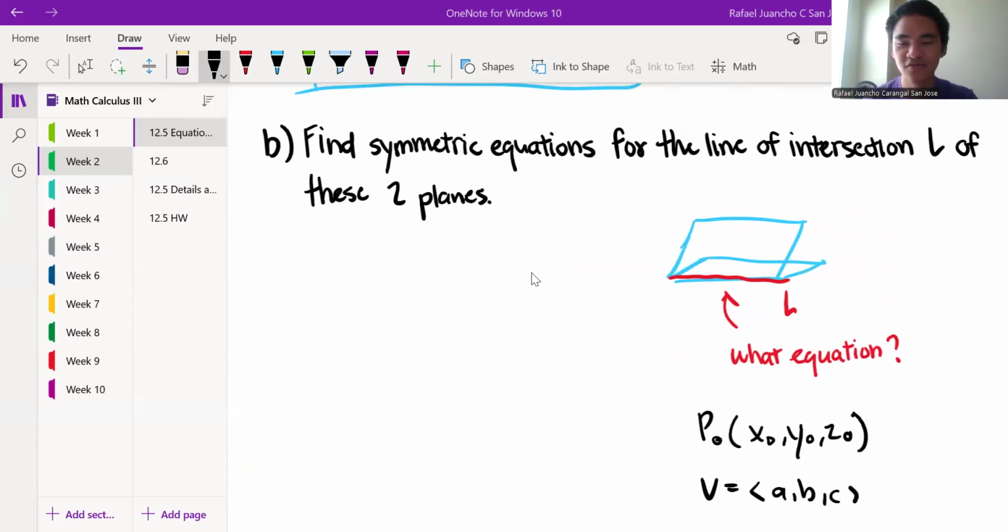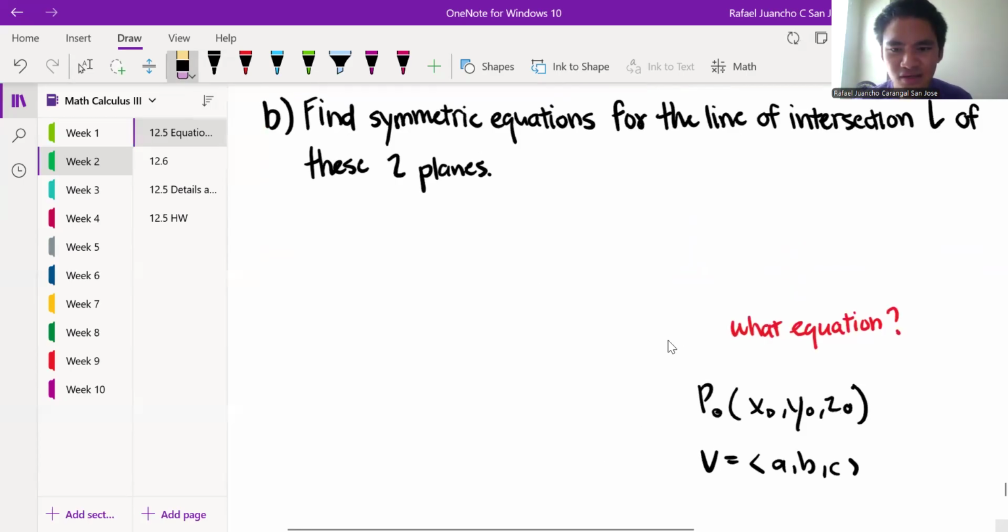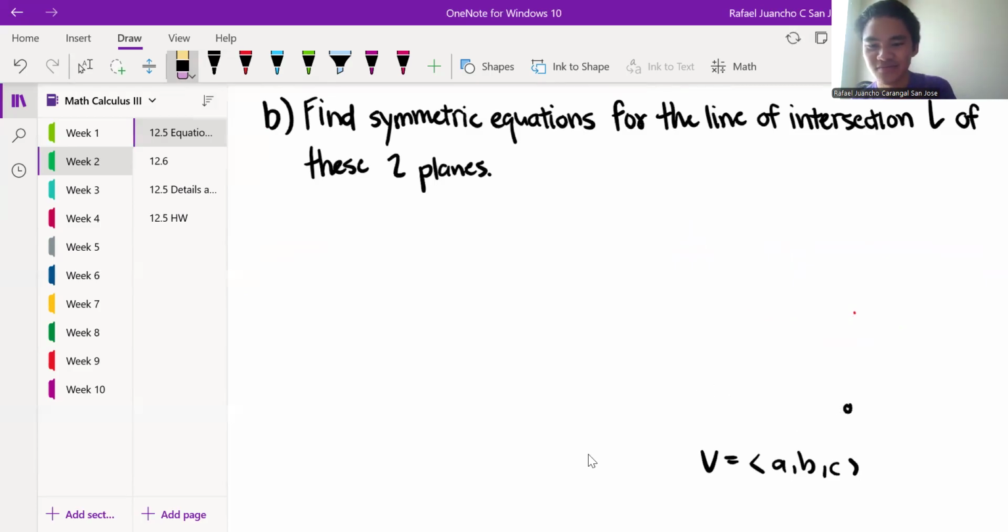For instance, we can find the point where the line intersects the xy plane. We can do that. I mean, we just need to find a common point. It could be any of these points, honestly. Could be this point, could be this point, could be this point. Let's say we want to find the point that intersects the xy plane. Well, let's just do that.